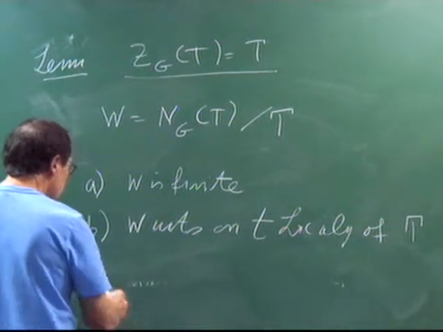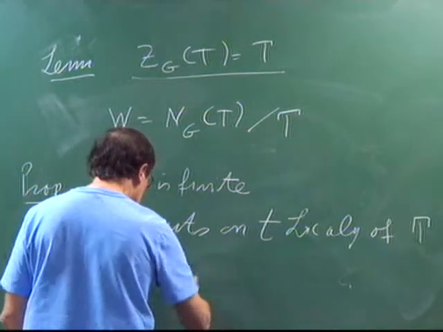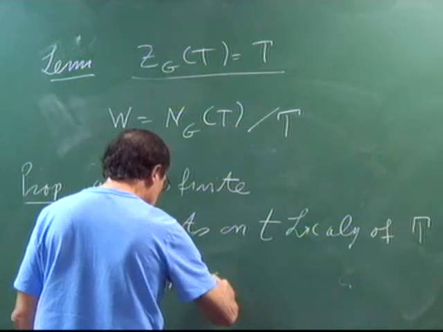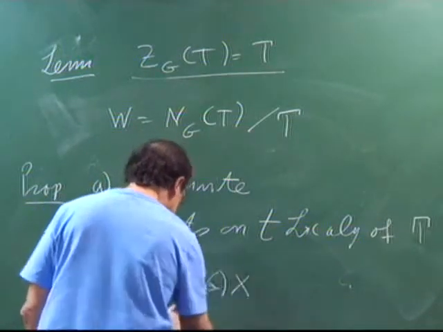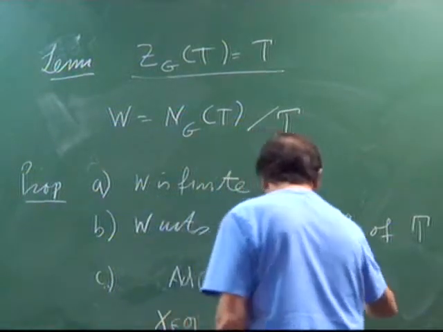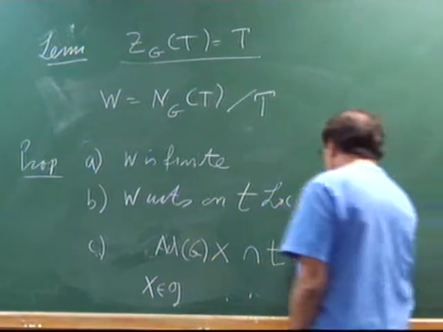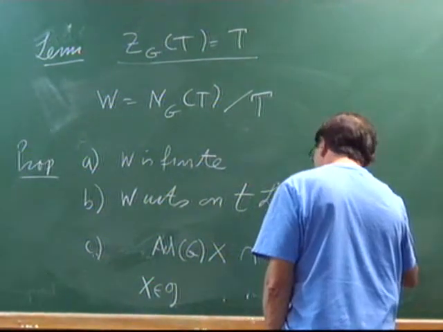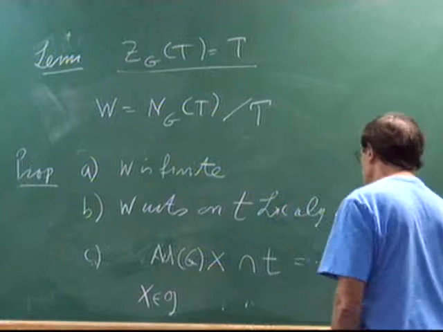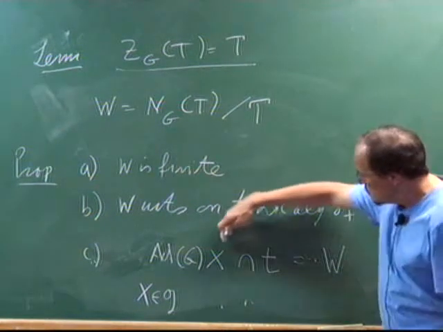And C, if I look at an adjoint orbit of any vector x intersected with T, well, as I said, I want to see how many times it hits T. The claim is that's the same thing as taking the Weyl group orbit of x.